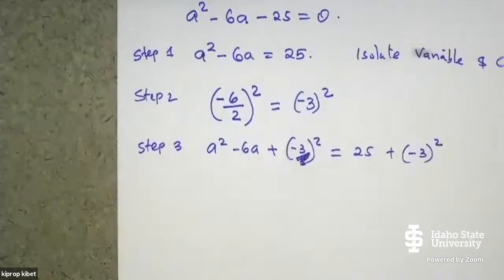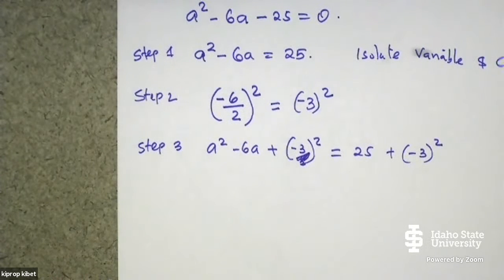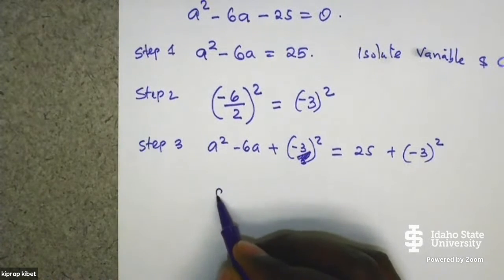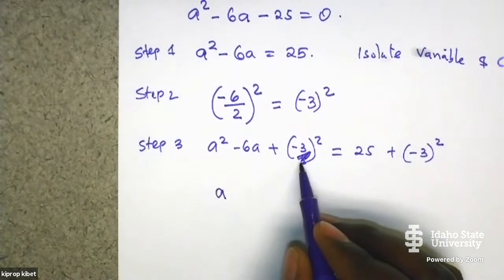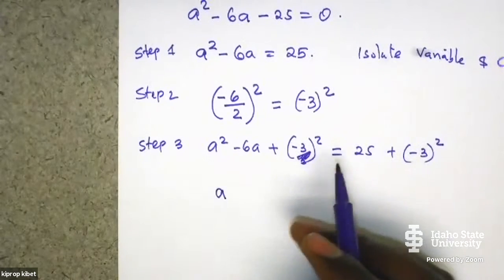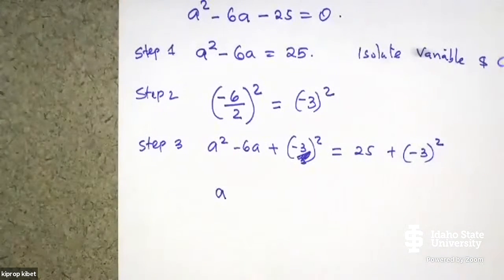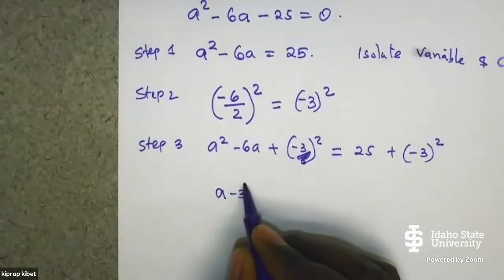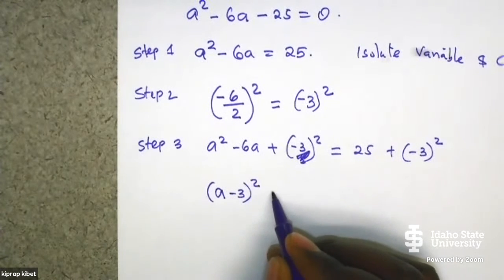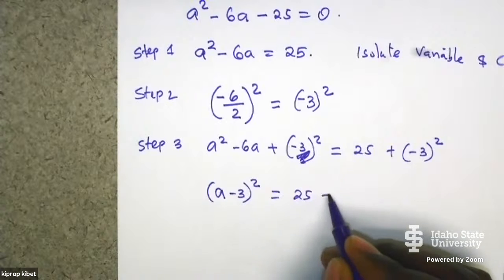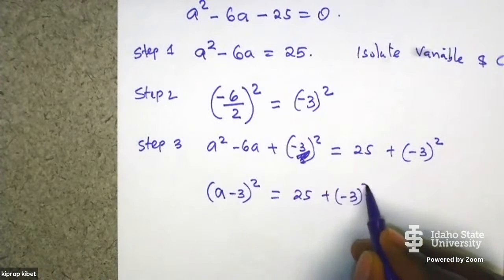Then on the left, you write the binomial square. So what is our binomial square? It is a minus 3, squared, equals 25 plus negative 3 squared.